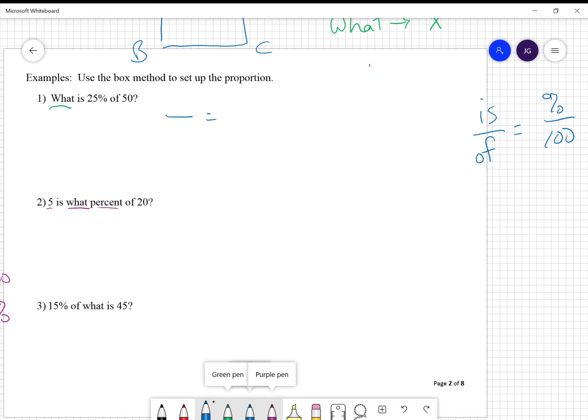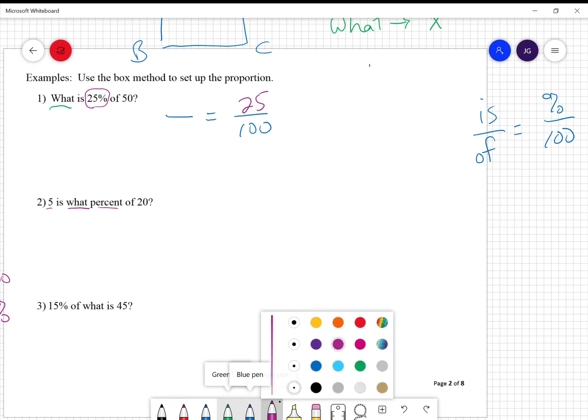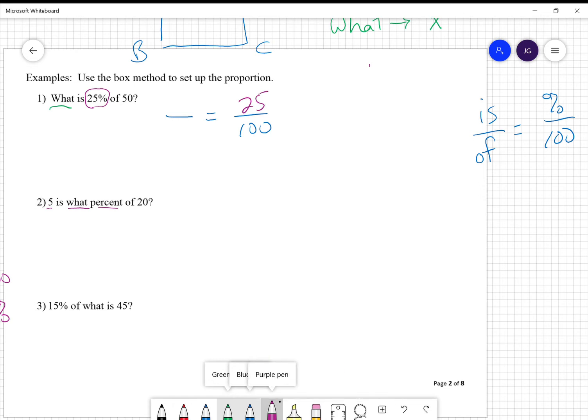So if I just start with fraction equals fraction, I start with 100 on the bottom. What is 25% of 50? Well, percent's the easiest one to start with because it has the percent symbol or the word percent. So 25 goes here. Of 50, 50 goes here.